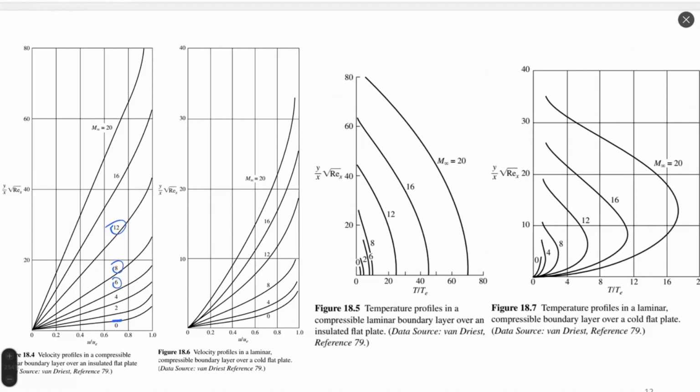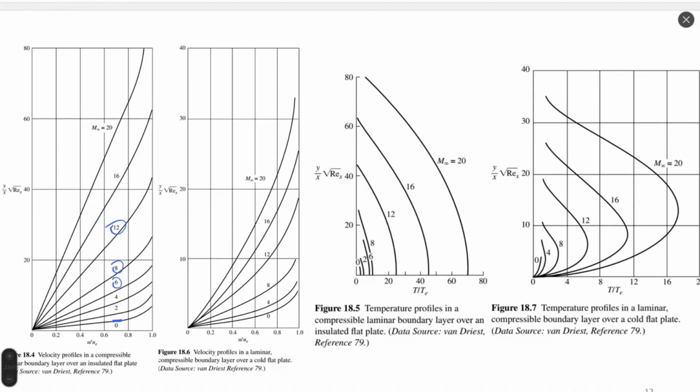And figures 4 and 6 are different for different boundary conditions on temperature. Since we are solving the system for different initial or boundary temperature, we will have a different solution. Figure 4 is for an insulated plate, where temperature on the wall is not influencing the temperature distribution outside.